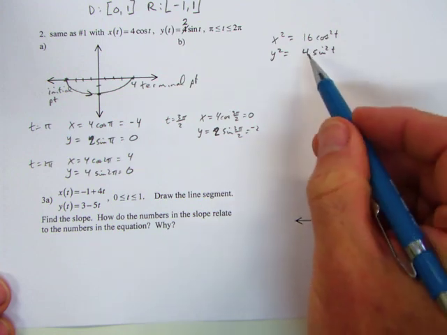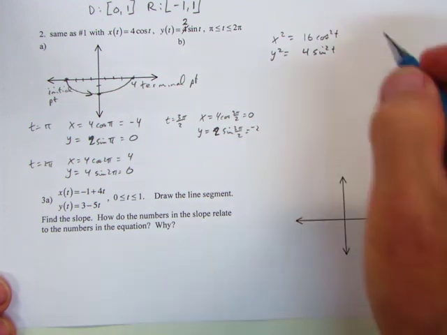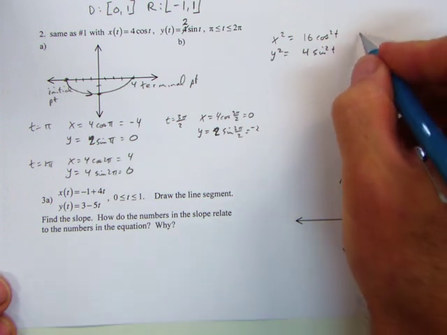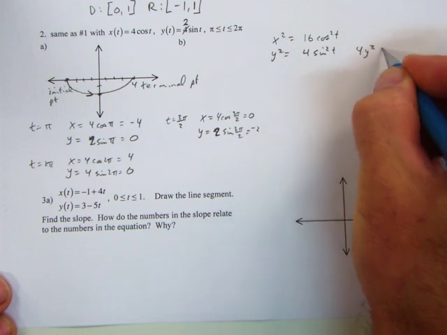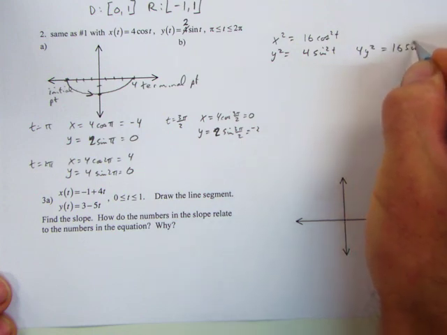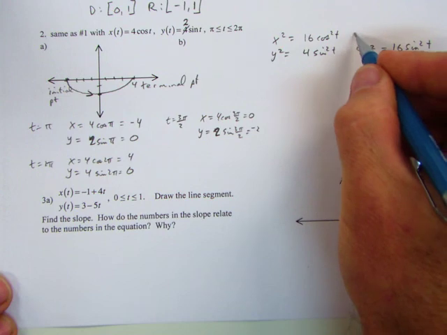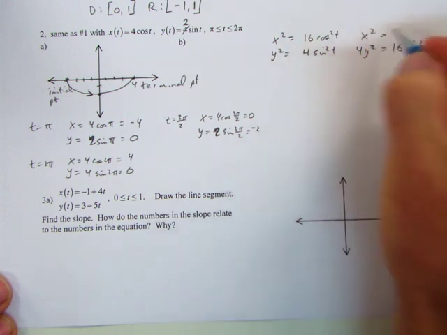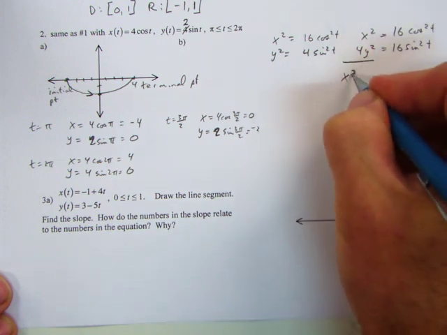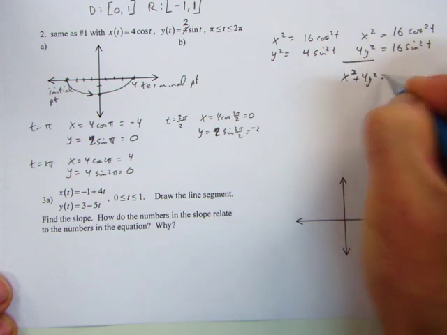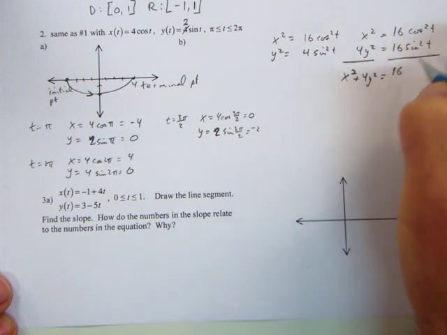I can multiply it by 4. So I can say 4y squared equals 16 sine squared t. Now if I add these two equations together, I get x squared plus 4y squared equals 16 cosine squared plus sine squared.